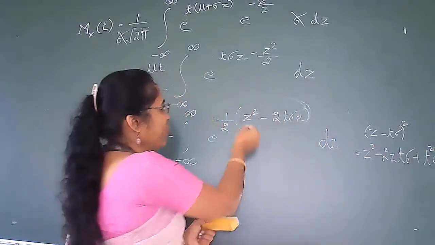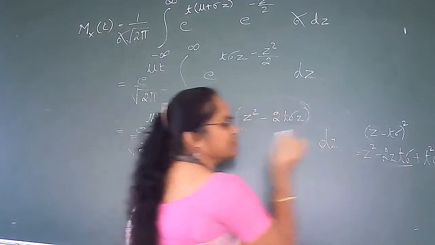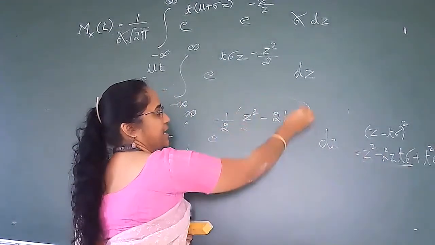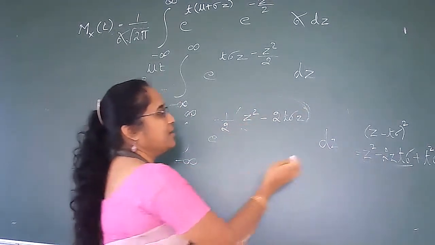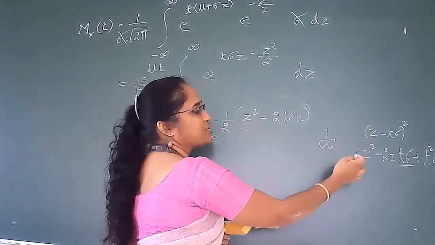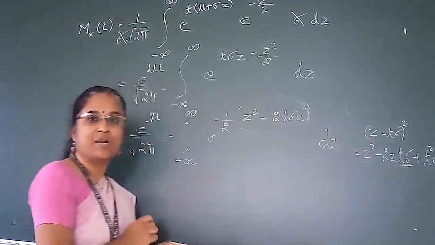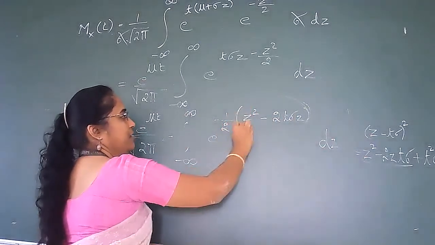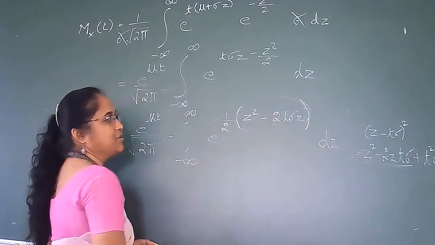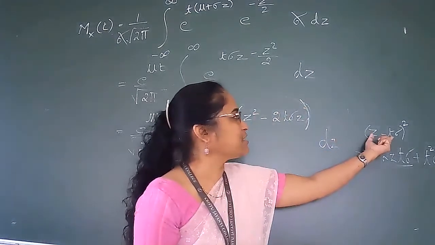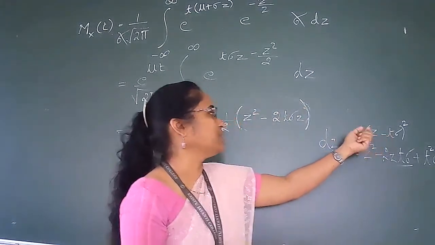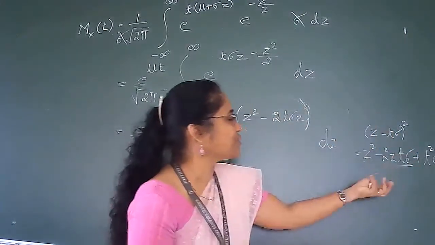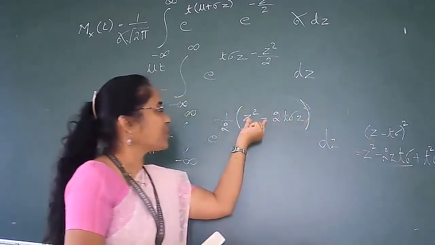So what I have over here are these two terms, right? So I can replace this with (z minus t sigma) the whole square minus t squared sigma squared. I hope you have all understood it. This happens to be the first term and the middle term of the expansion. If I expand (z minus t sigma) the whole square, the first and second terms are the same as what I have over here.